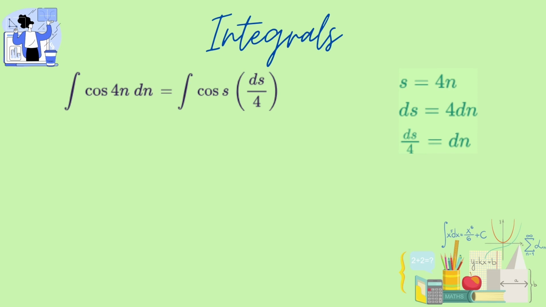Replacing 4n and dn, we find the antiderivative of cosine s ds over 4, which is equal to sine s over 4 plus the constant c. Thus, the final answer is the sine of 4n over 4 plus c.